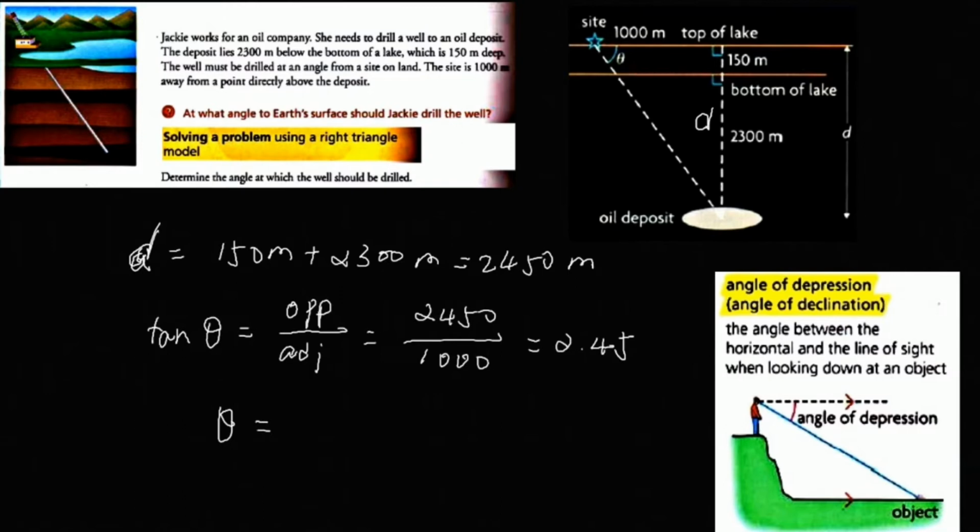Theta equals inverse tangent of 2.45. I use a calculator, and theta equals 68 degrees. So the well should be drilled at an angle of 68 degrees. So we use tangent to determine these angles.